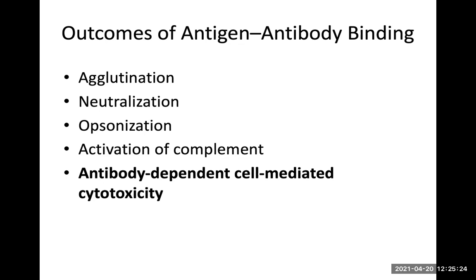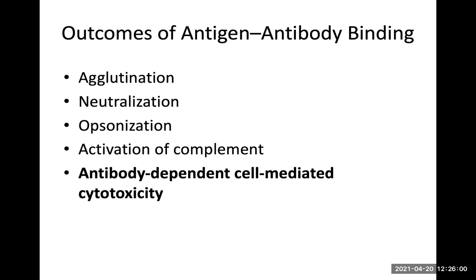And then eventually it will get taken up by phagocytes. Opsonization is when you coat the surface of like a bacteria, for example, you coat it in antibody so that phagocytes will be able to come and eat it up more readily. Okay. And we already learned how, if antibodies bind to an antigen side by side, you can have the classical pathway of complement activation.